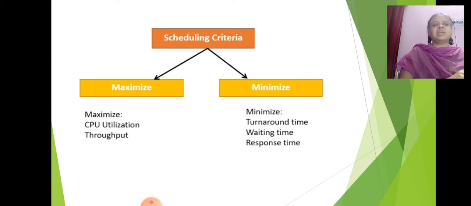Often, a process can produce some output fairly early and can continue computing new results while previous results are being output to the user. Thus, another measure is the time from the submission of a request until the first response is received. And it is very important to keep in mind that it is desirable to maximize CPU utilization and throughput, and to minimize turnaround time, waiting time, and response time.